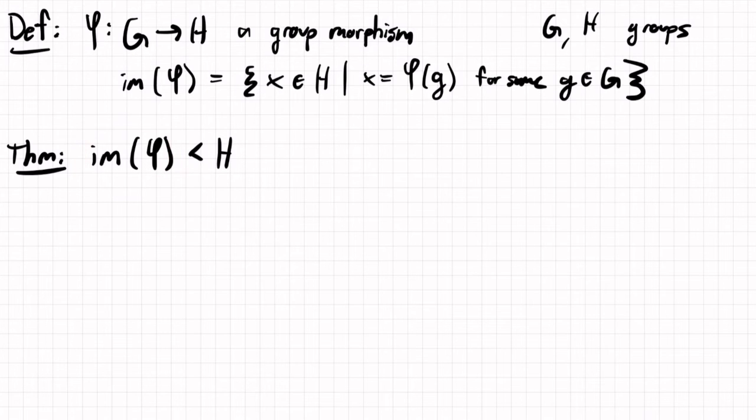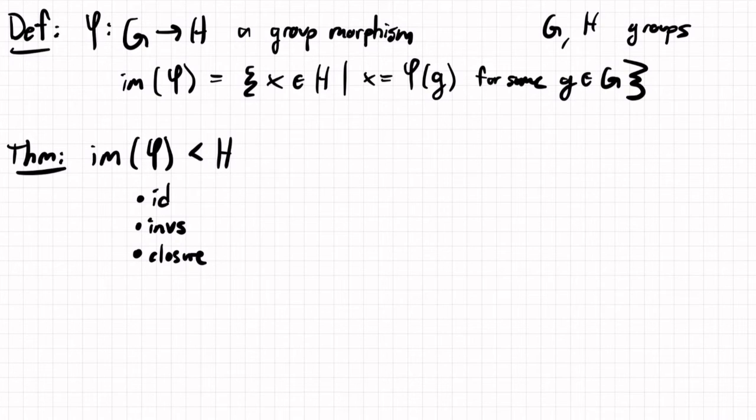So we don't need to worry about associativity, but what we really need to prove is the identity axiom, inverses, and closure. This is something to watch out for. People forget to prove closure sometimes, but you really do need to. So let's prove all of these.